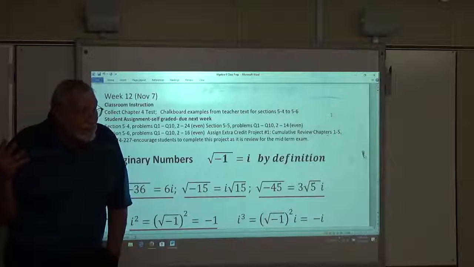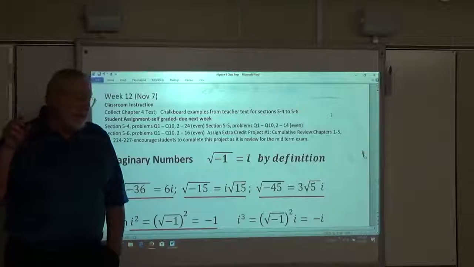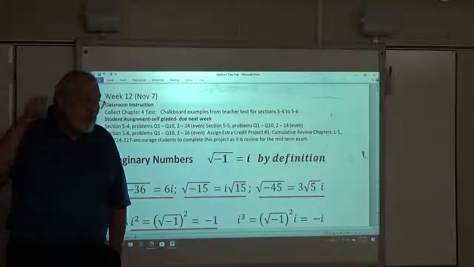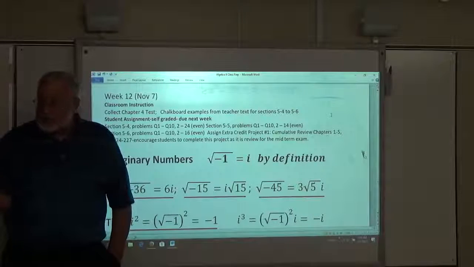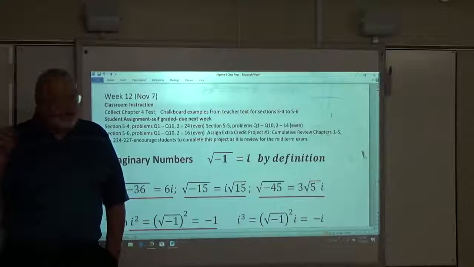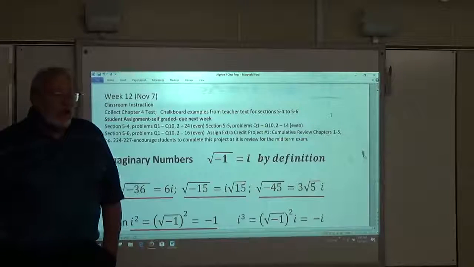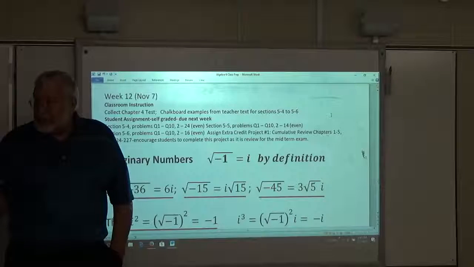Start it now. One of the problems I am seriously thinking about discarding, or we may have part of our class next week that talks about that particular problem, because to me it doesn't flow with what we've already done on that skill, so I'm probably going to address that.